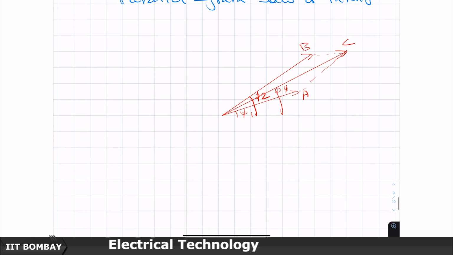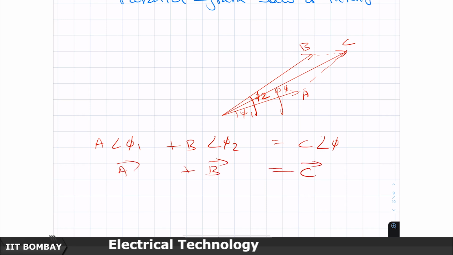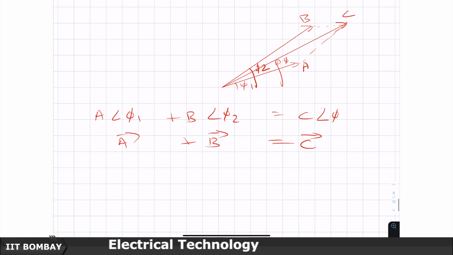I have taken one vector like this, another vector like this, and calculated this C at an angle phi. I have just done a vector addition: A vector plus B vector equals this C vector, and I have got the magnitude and angle of it.